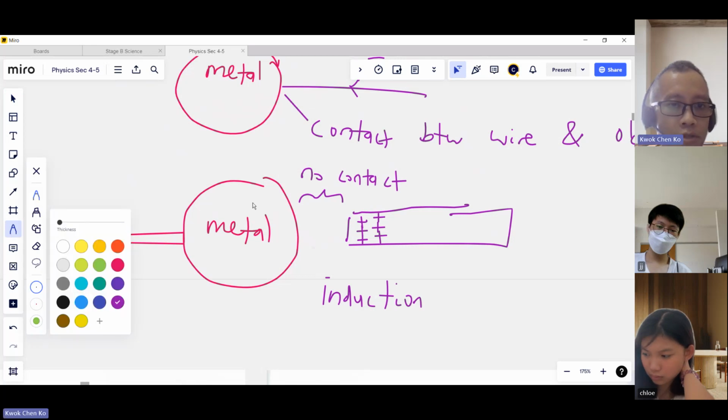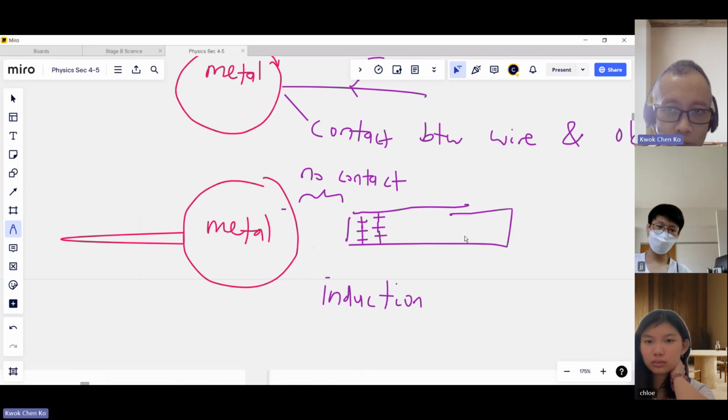So what happens is this. Because this is positive, it will induce, take note of the word that I use, induce, a negatively charged surface on this side.